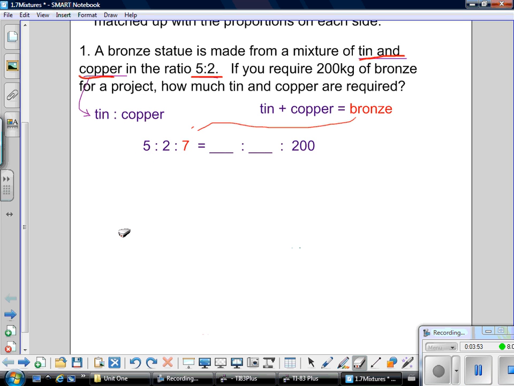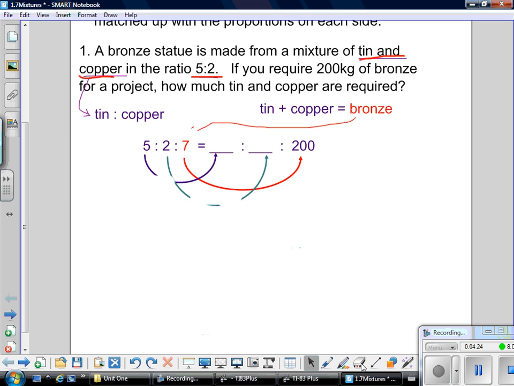Now it's set up exactly like we were doing the last day together, and I need to find the relationship. The first number goes with the first number here, and I don't know what that is. The 2 has to go with the second number. And obviously the 7 is going to go with the 200. So I know enough information between the 7 and the 200.